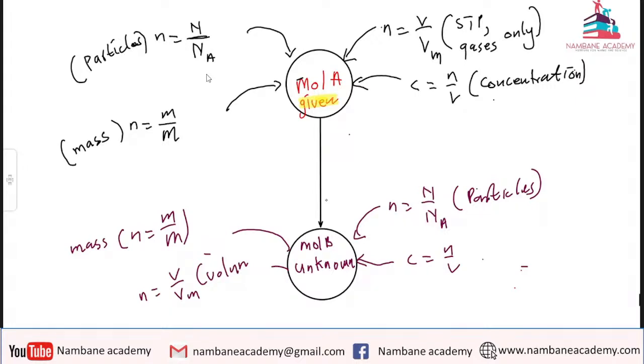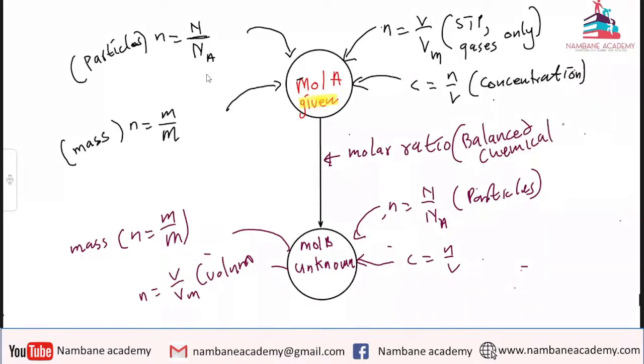The mole ratio will also assist in determining the limiting reactant. But what is critical now? What is critical is that to cross this bridge, I need what we call the molar ratio. The molar ratio comes from the balanced chemical equation.